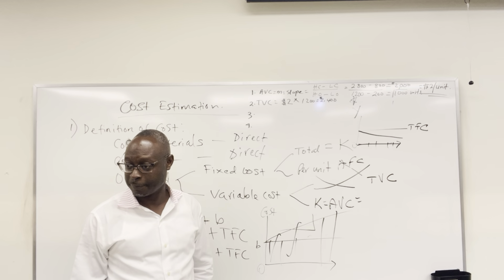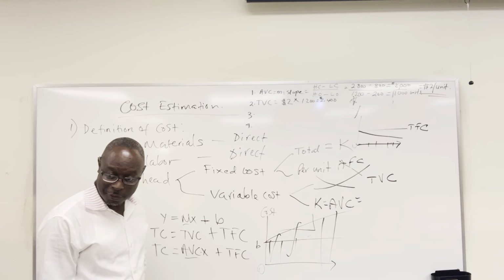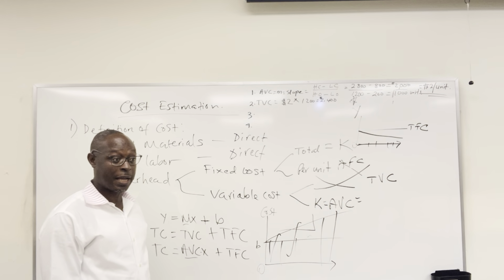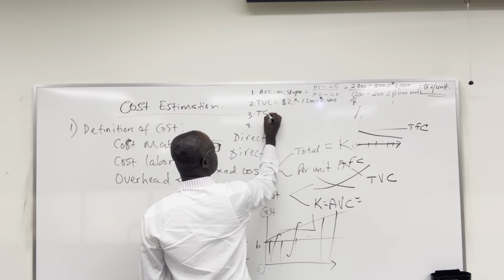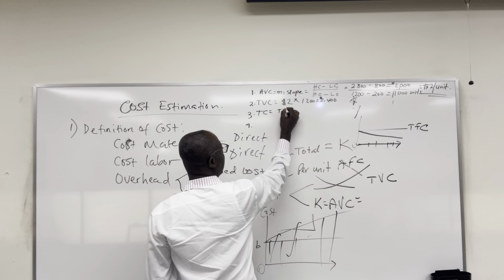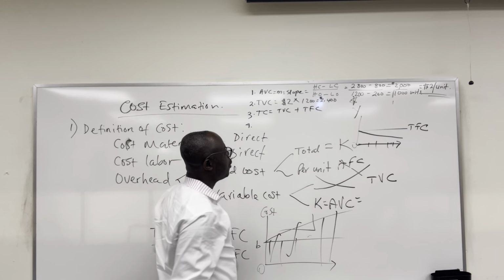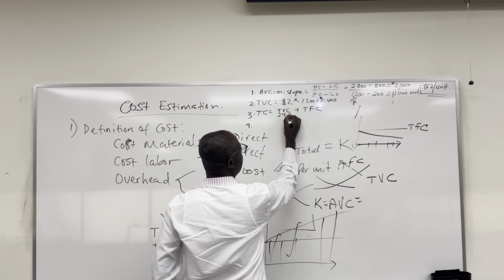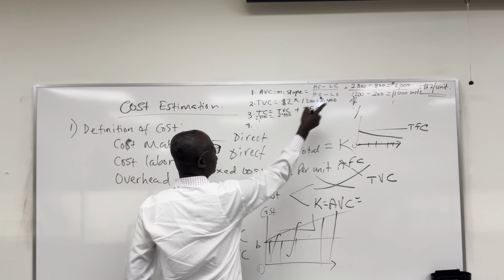Make sense? Once you know your total variable cost and you know your total cost, so now you can calculate your total fixed cost. Does that make sense? Because we know that total cost equals what? Total variable cost plus total fixed cost. But we know that this is 2,400, and we know also that this is 2,800 based on the math that we did.